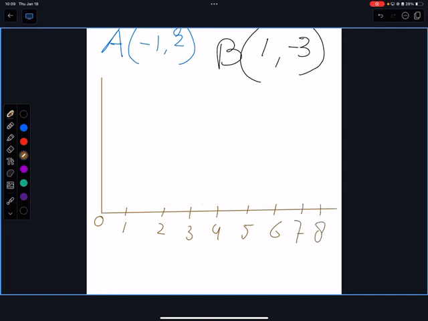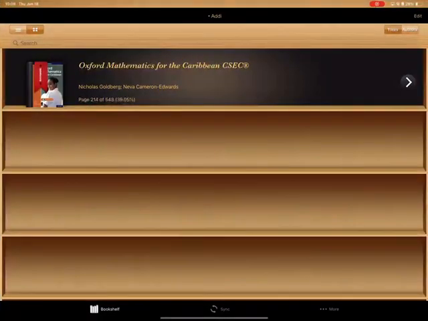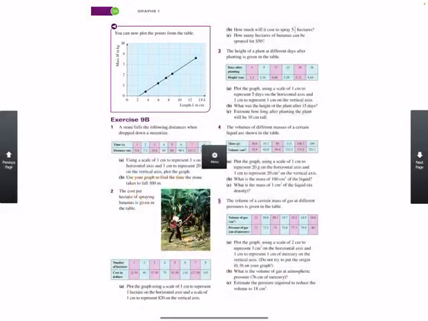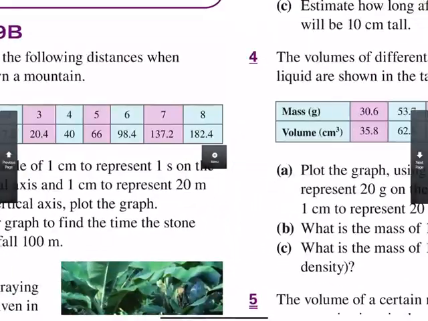Eight. And on the vertical axis, every 1 centimeter represents 20 meters. So it's steps of 20, 40, 60, 80, 100, 120, and so forth. I think it reaches 200. It has to reach 200.